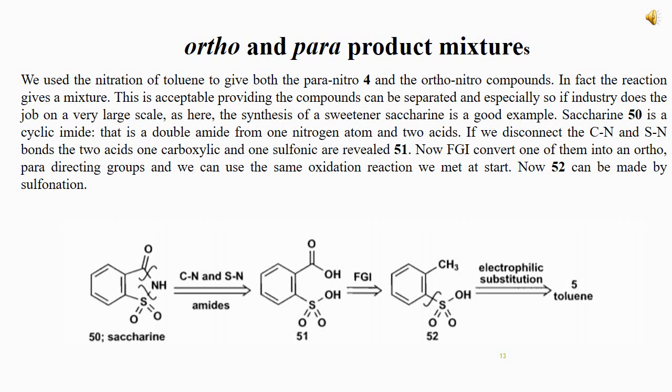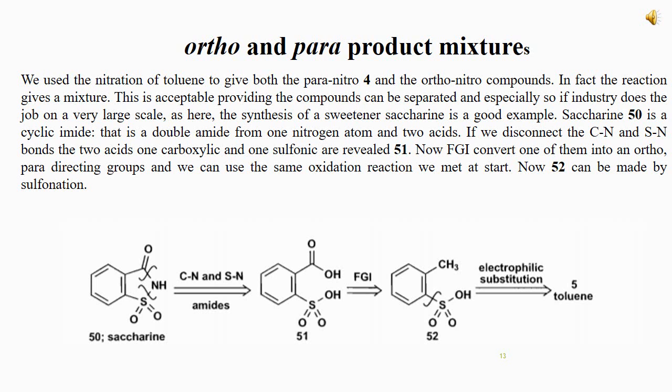So now 52 can be made by sulfonation. If you remember, when we were going to disconnect the benzoic acid in the previous slides, we said that disconnecting the C to C bond of the carboxylic acid is not a good reaction; it will not give a good way to construct this benzoic acid.